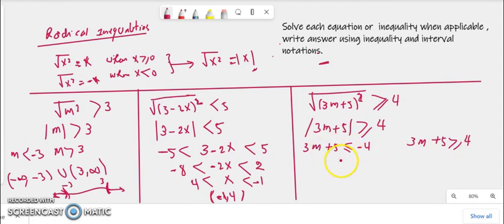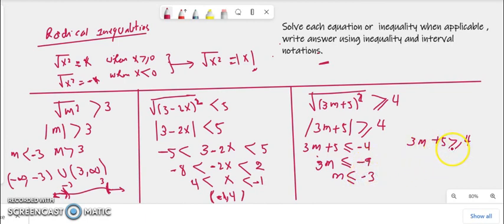Alright, so let's subtract 5 from both sides. So 3m is less than or equal to negative 9. So m, divided by 3, is less than or equal to negative 3.